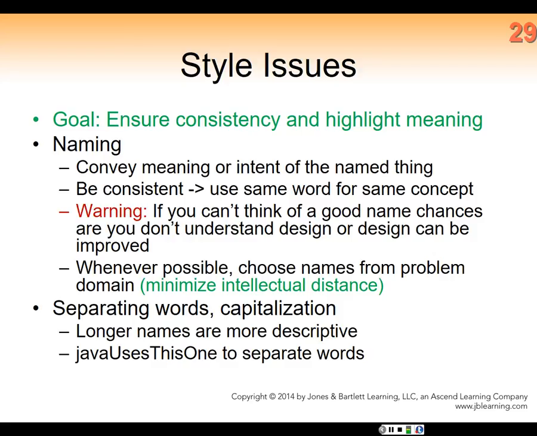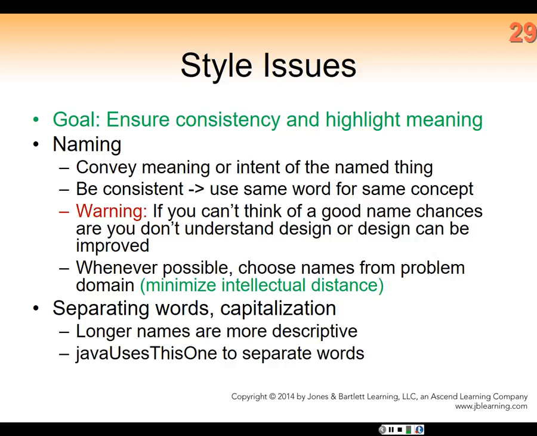Another thing they do is, if you want to be descriptive with your name, then the name might turn out to be a noun phrase or a verb phrase. So how do we separate words? I put the one down here. Java uses this. The way Java typically separates words is it uses camel case, and so it capitalizes them.